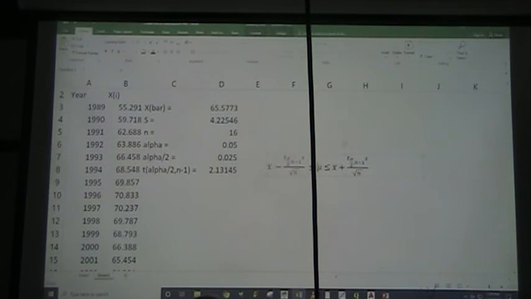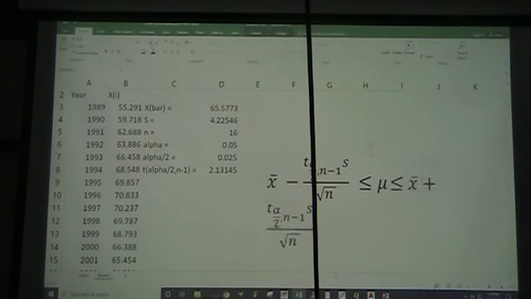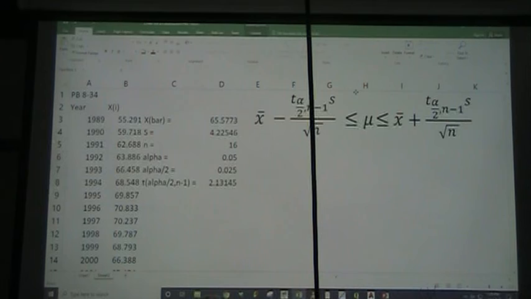Okay, boy, that is small. Do both sides the same here. All right, so now we've got our formula for a 95% confidence interval. Well, for any two-sided confidence interval where we are using the t distribution.